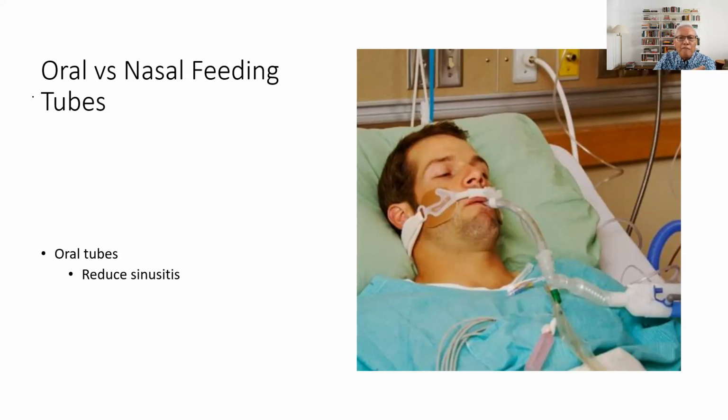Well, we have found out that actually inserting it through the nose creates an environment of sinusitis, which means to say that you could therefore have an infection that will ultimately go into the lungs. And that's the reason why instead of nasal feeding tubes, we would rather use oral tubes. So we insert the tubes through the mouth, not through the nose.